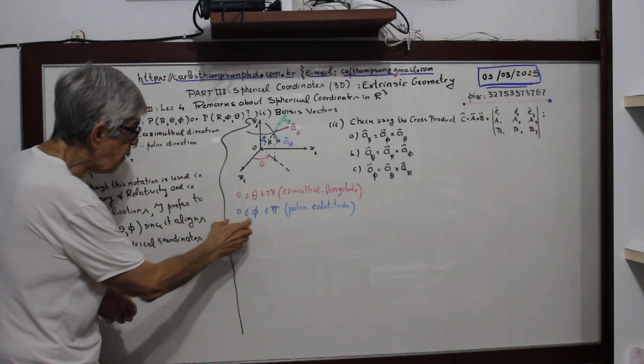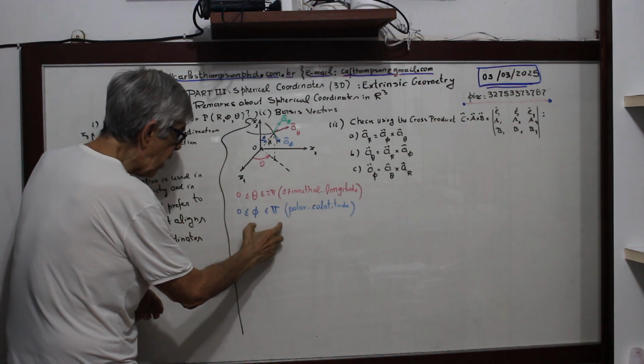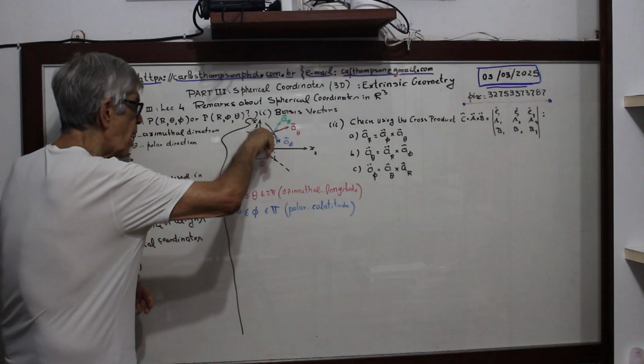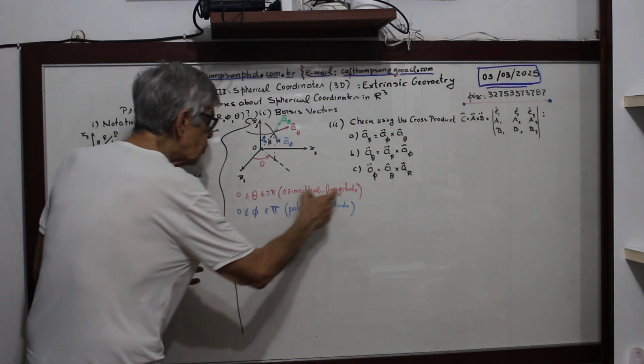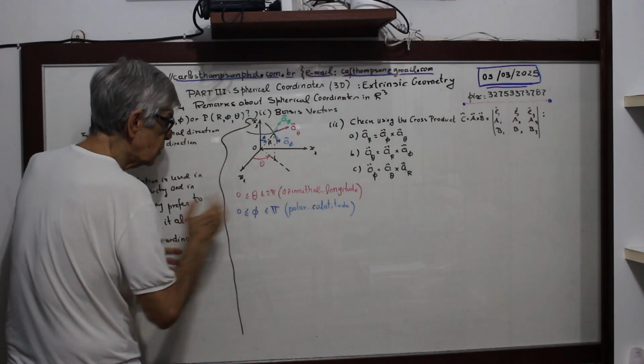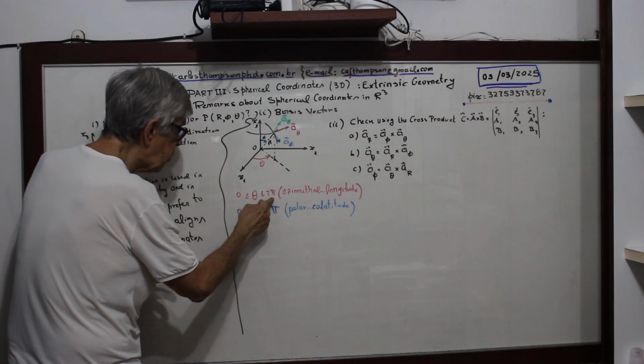Phi is in the range between pi and 0. On the other hand, the azimuthal longitude has a range between 2 pi and 0.